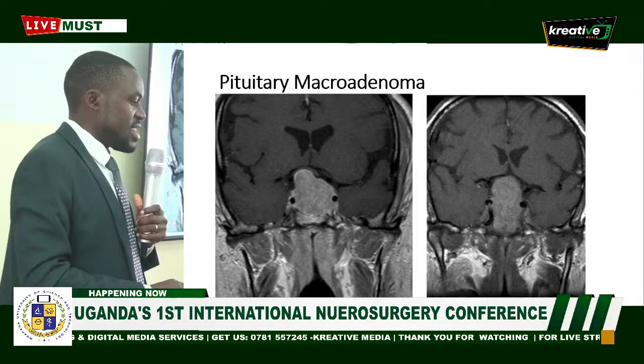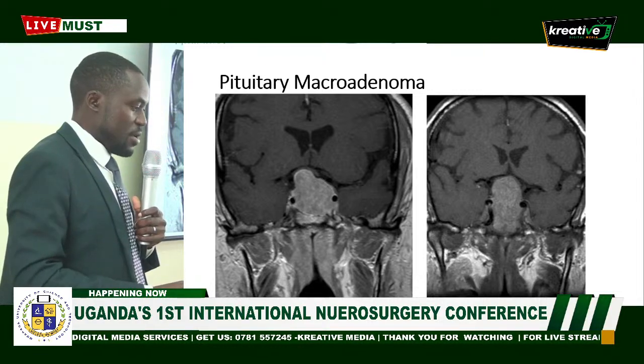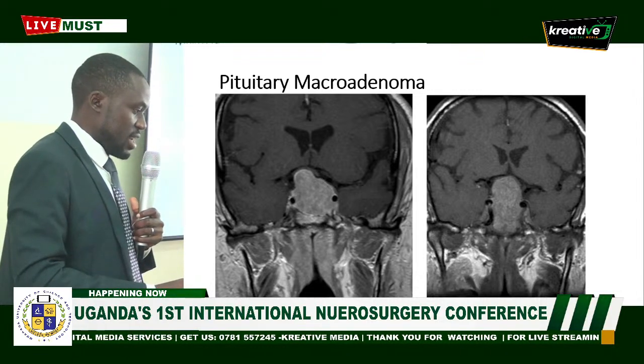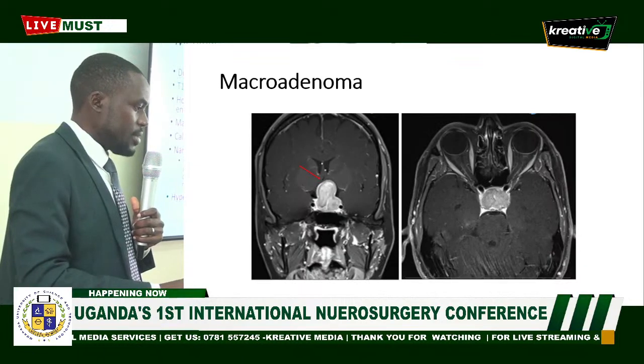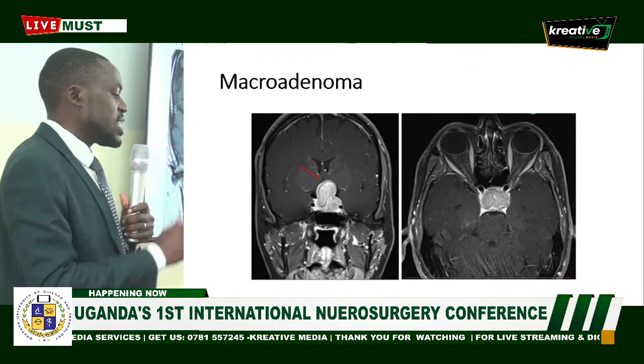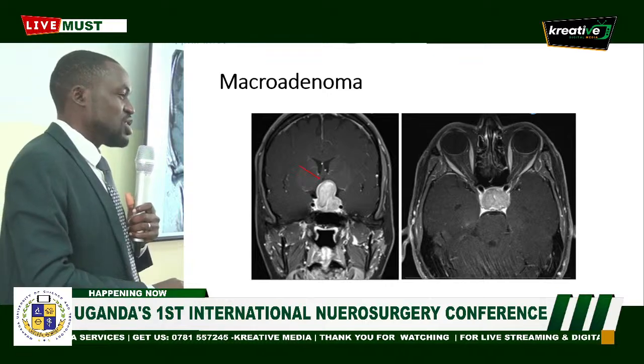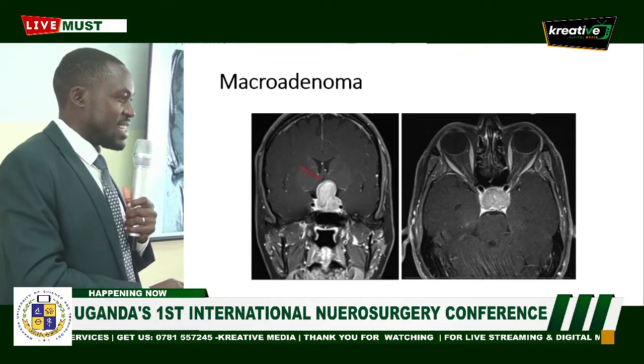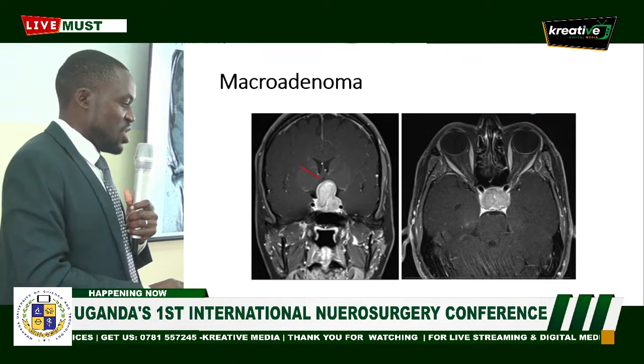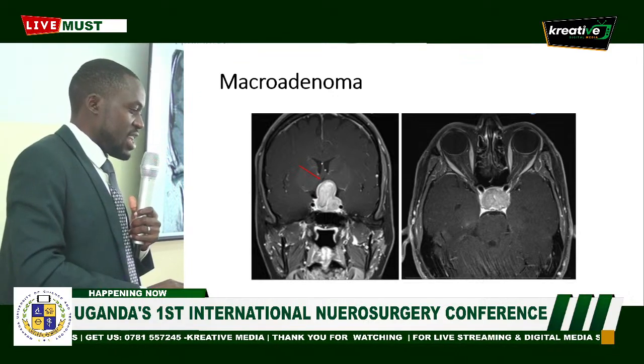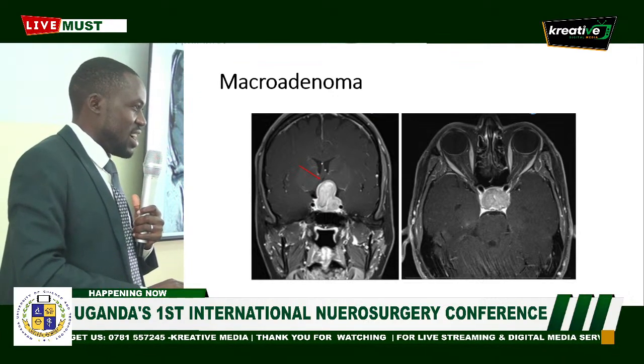Unlike, for example, the meningiomas, like I will show you shortly, the pituitary macroadenomas tend to have this shape. We call it a figure of 8 sign. Why? You will recall that you've got the diaphragma sellae superior here, which is a dural layer.